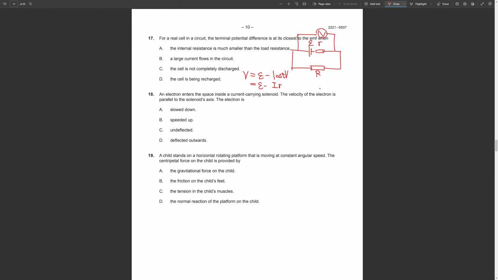In order to make the reading similar to the EMF, you must have the lost volt as small as possible. So you are trying to reduce the IR, make it very small. To do so, A is a possible solution. A suggests that the internal resistance is much smaller than the load resistance, which therefore makes the IR very small, and the target is achieved.